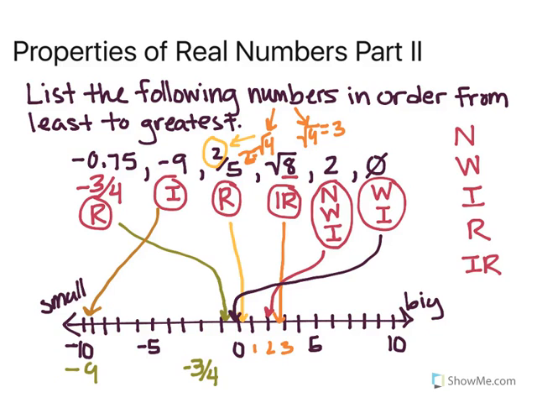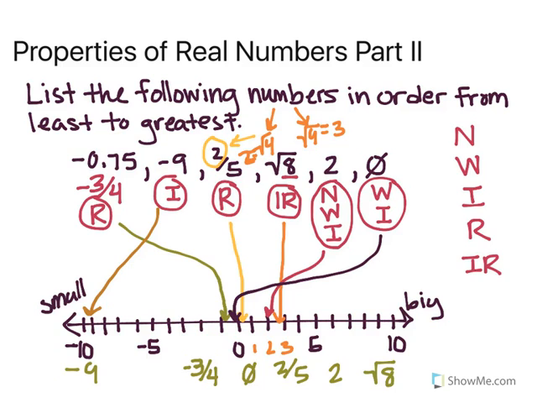After that, we're going to have 0. After that, 2/5. And then 2. And then we will have the square root of 8.